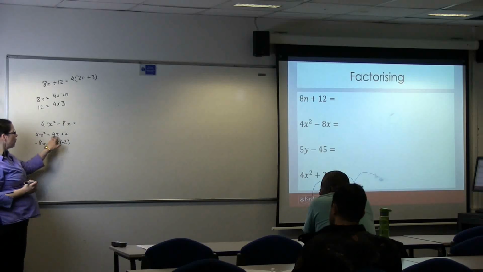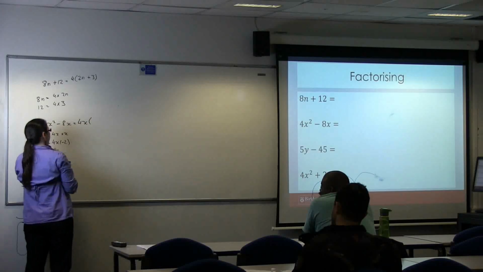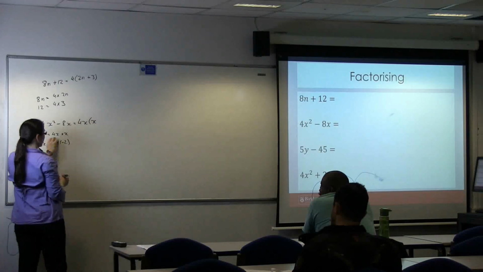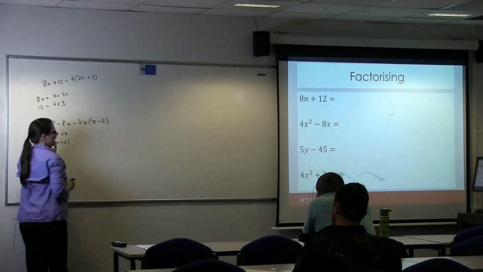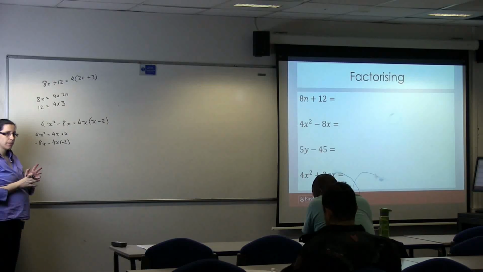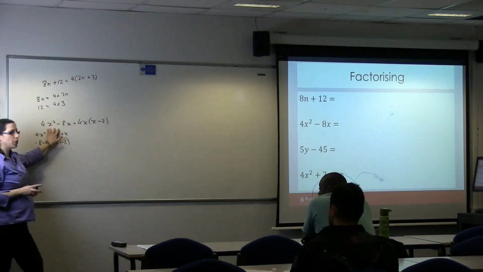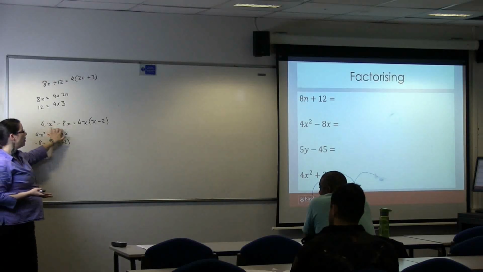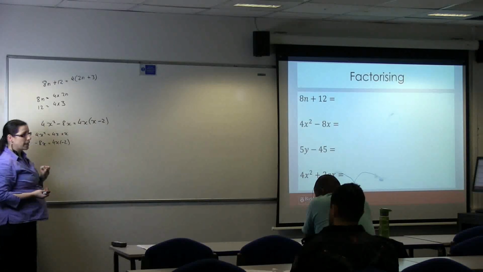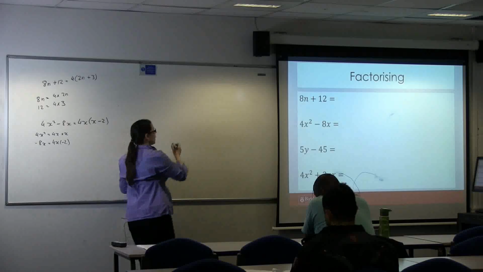And again, I can see that the 4x is a common term, so that 4x can come to the front, and if I factor this one out, the x is left, and if I factor this one out, the minus 2 is left. Until you become very familiar with how to factorize things, it's always a good idea to check back. If I multiply these out, do I end up with the original one I started with? In this case I do, because 4x times x is 4x squared, and 4x times negative 2 is minus 8x. So they are kind of doing the same thing back and forth.